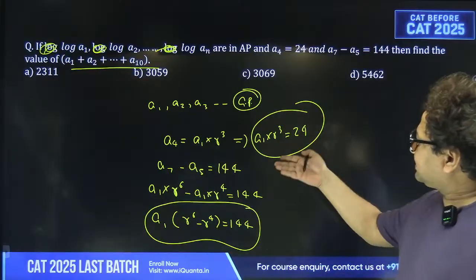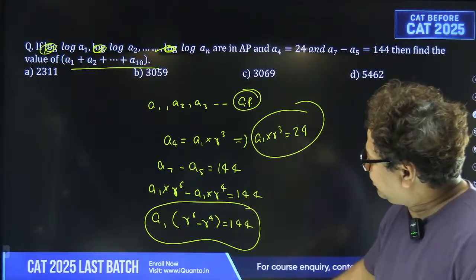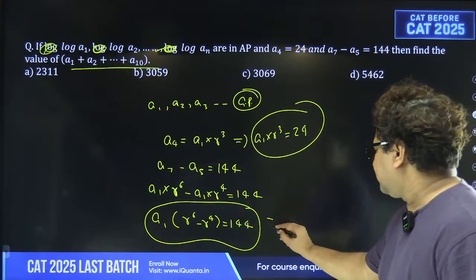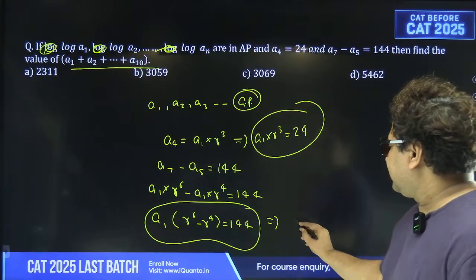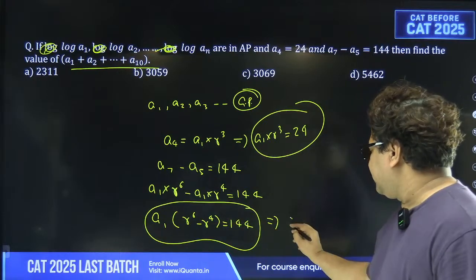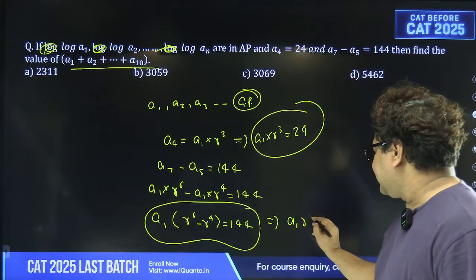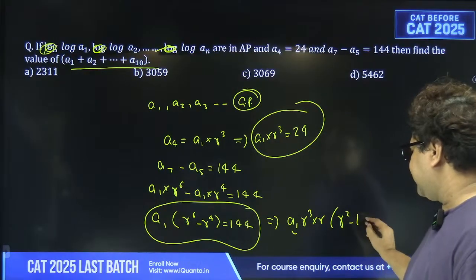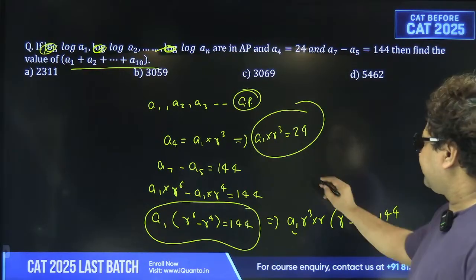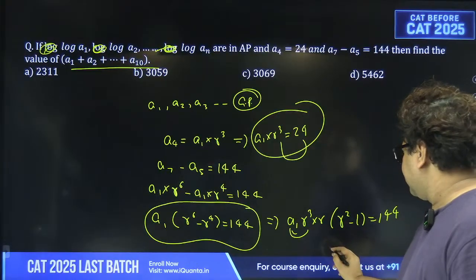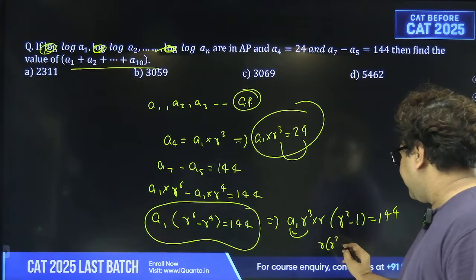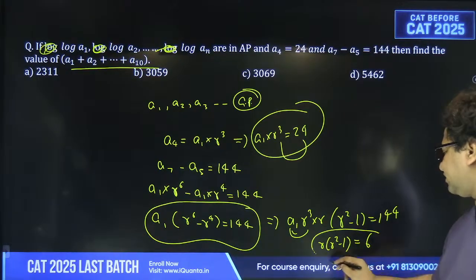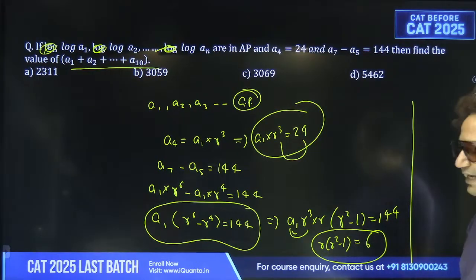I can either replace the value here, R cube common, I can do that. So if I take R to the power 4 common, A1 R to the power 4, that is R cube into R, writing it like this to explain, left with R square minus 1, that is equal to 144. Now this thing is 24, so 24 times R times (R square minus 1) is 144, so R times (R square minus 1) is 144 upon 24, that is 6. That is what we have. Based on this we calculate the value of R.